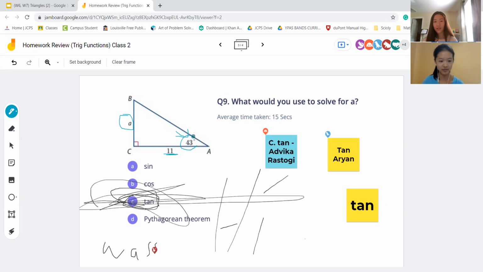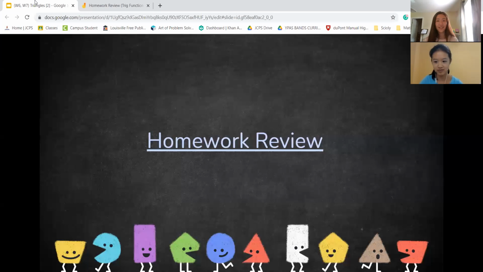In relation to this angle, A is the opposite and 11 is the adjacent. So we can use tangent for this. Any questions? No? Okay, then we'll go to the next part.